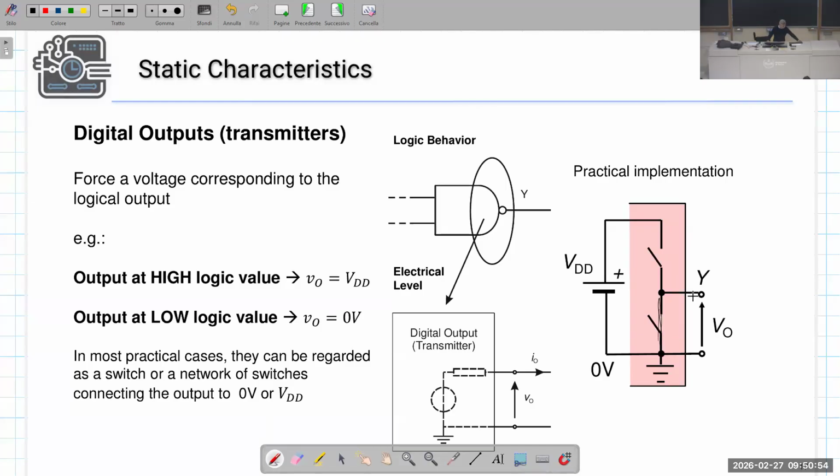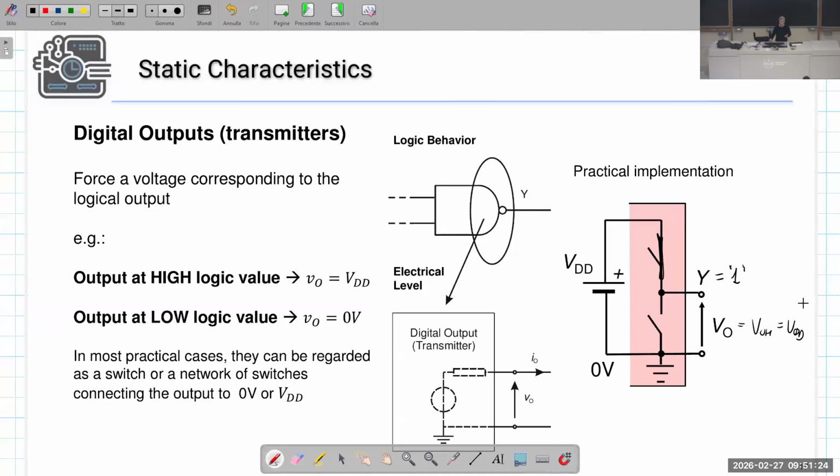So when, based on the result of the processing, the logic level should be 1, the first switch is closed and the second switch is open, so that the output is effectively connected to VDD, and so VO is equal to VOH is equal to VDD.